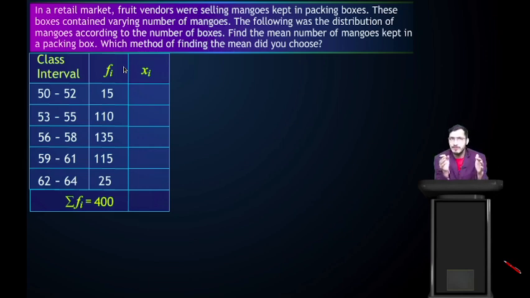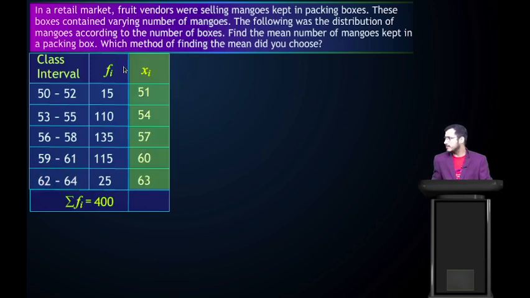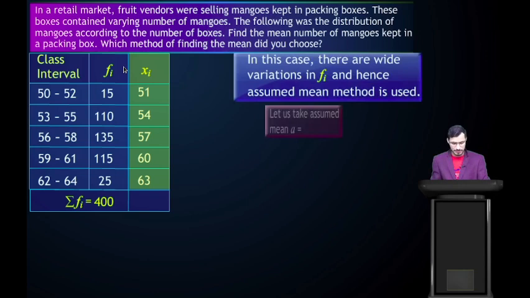How can we find the mid value? Lower limit plus upper limit by 2. So 50 plus 52 divided by 2, we get 51. Similarly 54, 57, 60, 63. The values of xi are 51, 54, 57, 60, and 63.